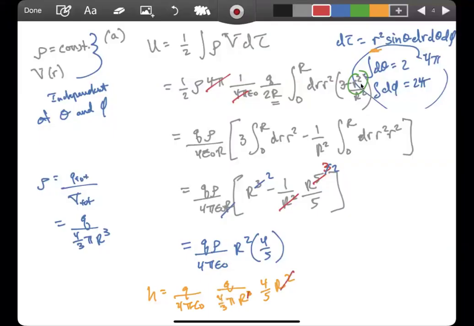And then what else is it going to cancel? One of these 4s is going to cancel with this guy. So at the end of the day, when I plug this in, it's going to be 1 over 4 pi epsilon naught, and then we're going to get the 3/5, from that 3 moving to the top, of then Q squared divided by R. Good. So this is the energy which is stored using this method.